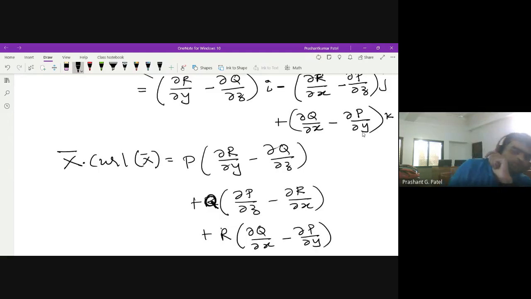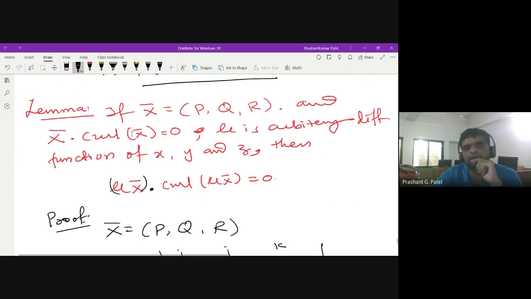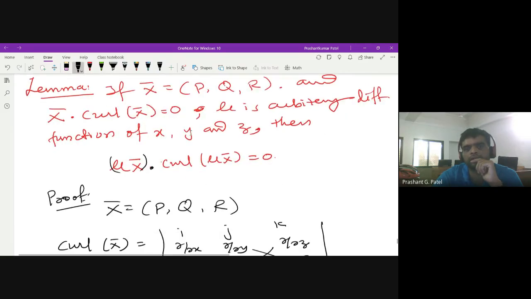This is what we got. And they have given that this is equal to 0. That is our hypothesis: x bar dot curl of x bar is 0.